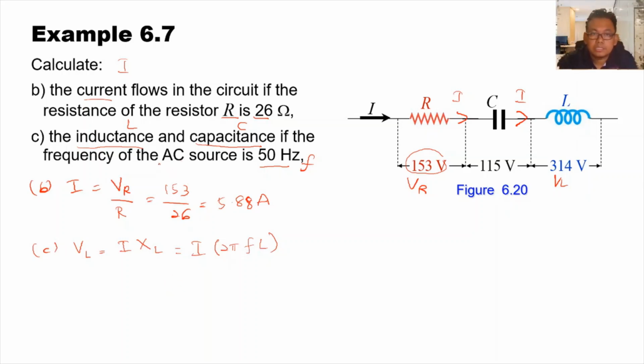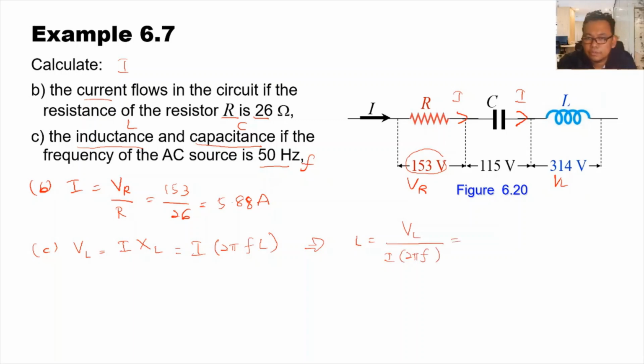So this equation becomes L is equal to VL divided by I times 2 pi times frequency.